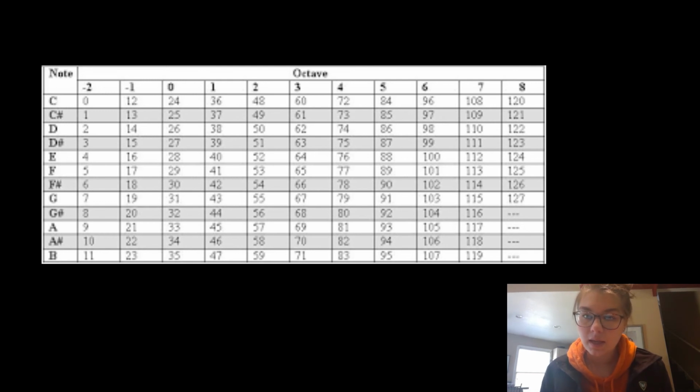You can see the C starts at 60 and then it goes up from there. So our D would be 62 and our E would be 64. That C is going to be our bottom ledger line C, all the way up to however high you want to go. But we're going to stay within this 3rd octave, and I believe we don't even go above 64. I think the only notes we use are 60, 62, and 64. So keep that in mind when we move into the next portion of the project.